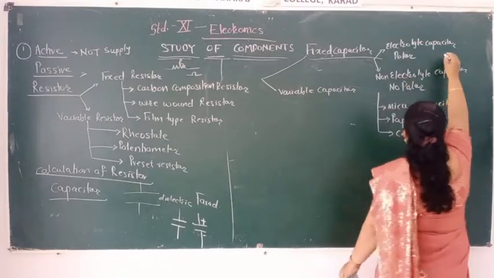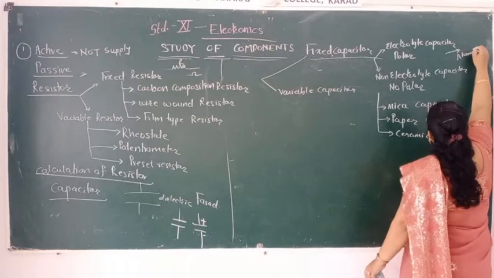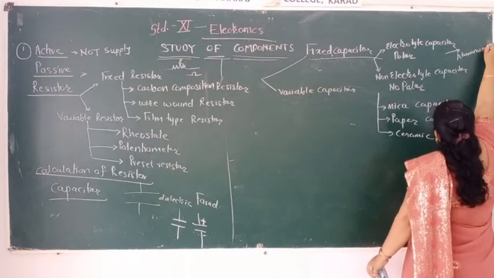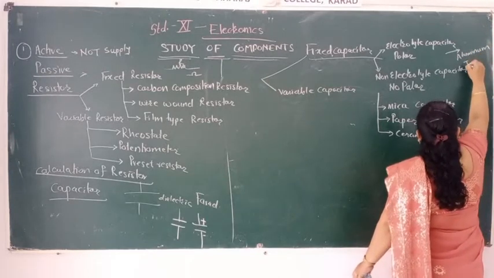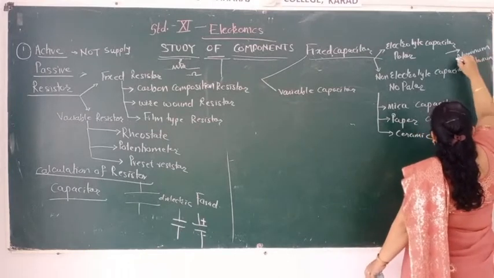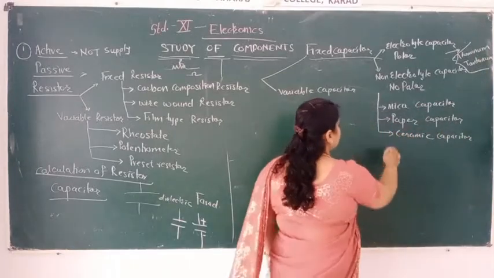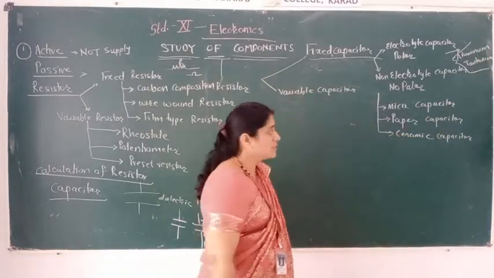Electrolyte capacitor has two types: aluminium capacitor and titanium capacitor. These are the types of capacitor under electrolyte and non-electrolyte.